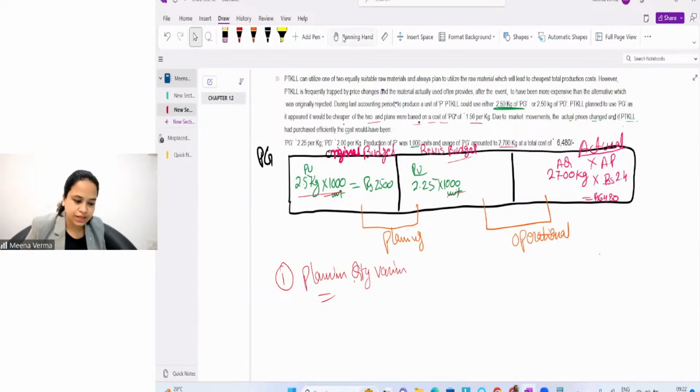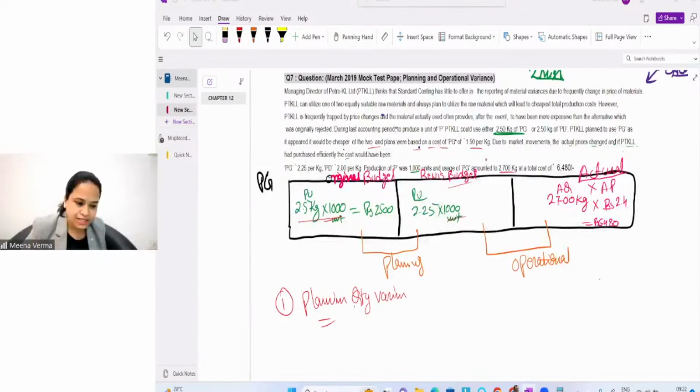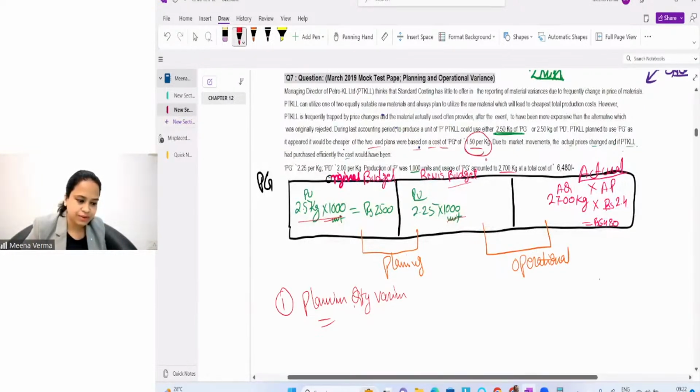We will see the quantity and the price and then we will solve it, right? So it is mentioned that the price will be 1.5. You can see here, the price is given 1.5.